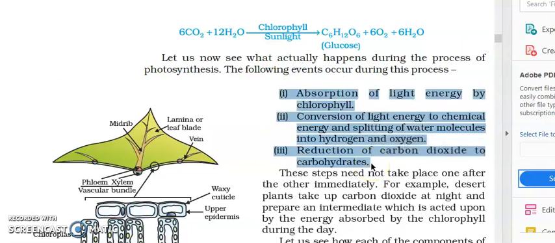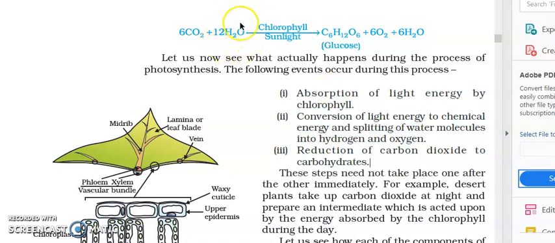So the first step is that in the chloroplast, in the grana, light in the visible radiation region will be trapped by the chlorophylls, right? This trapped light is going to cause the splitting of the water molecules to release oxygen and hydrogen ions.